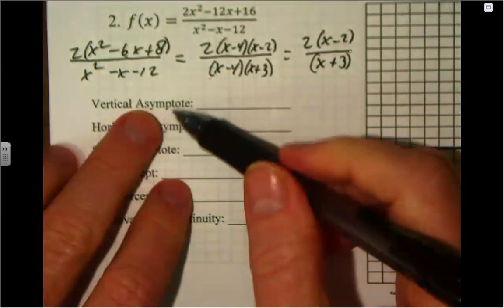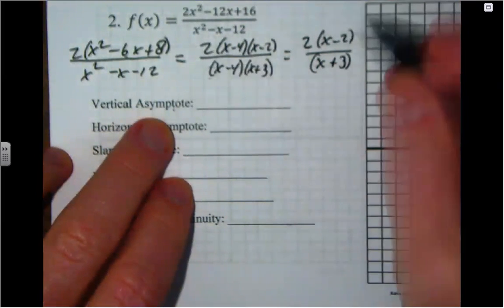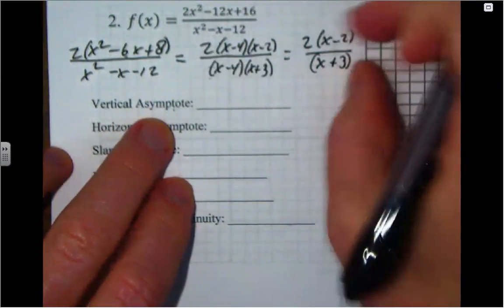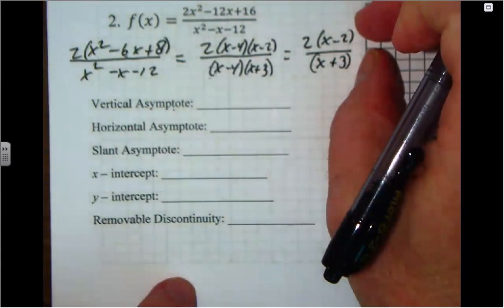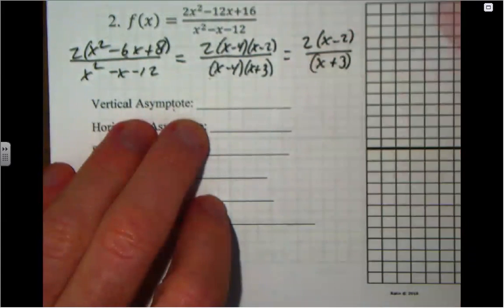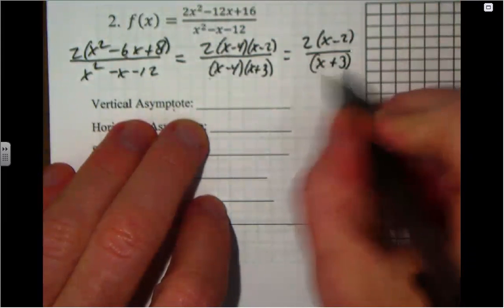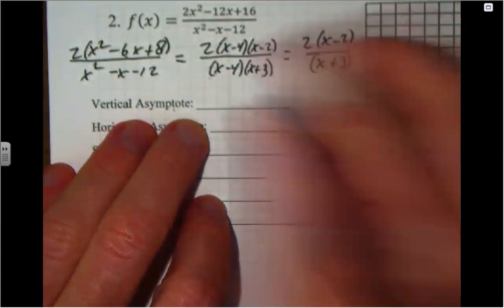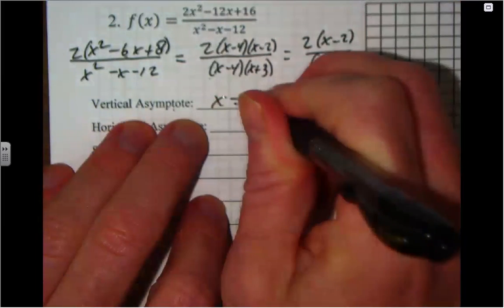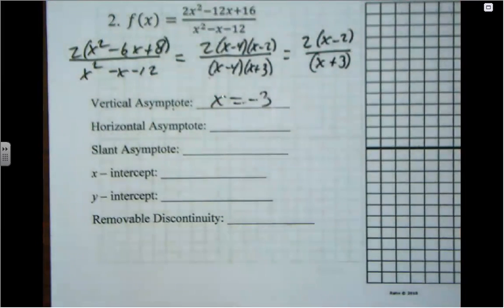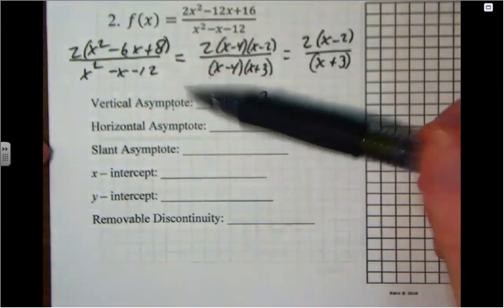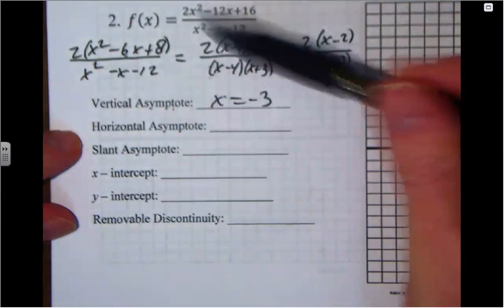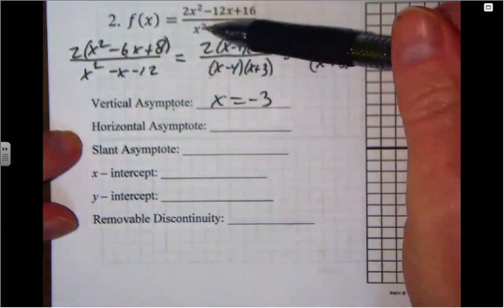Vertical asymptote, remember, we are using the simplest form of the function for a lot of these things. Okay, vertical asymptote, denominator equal to 0. So we just have the 1 at x equals -3. Horizontal, this is another even case, x squared on top, x squared on the bottom.